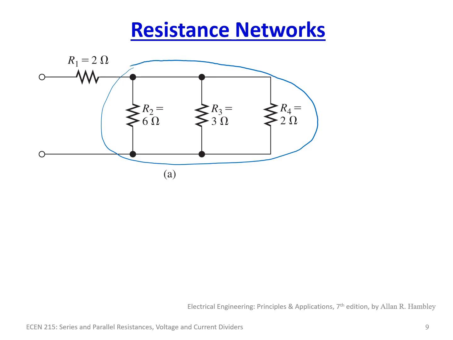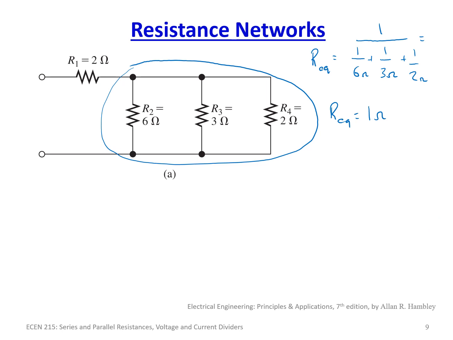So R equivalent is going to be 1 over 6 ohms plus 1 over 3 ohms plus 1 over 2 ohms. So let's do that. 1 over 6, 1 over 3, 1 over 2, add all that together, and R equivalent is equal to 1 ohm.